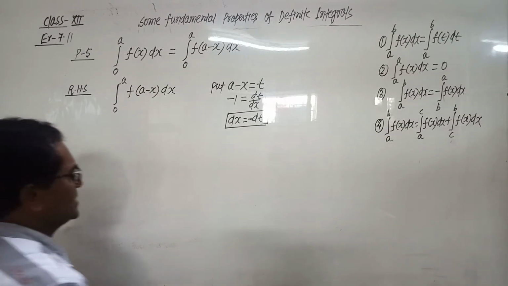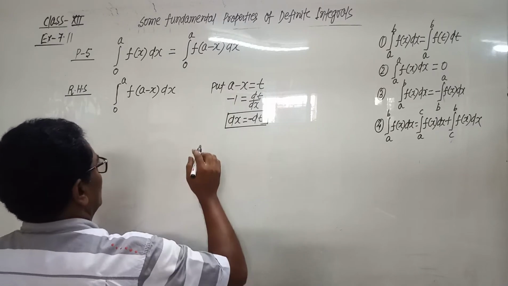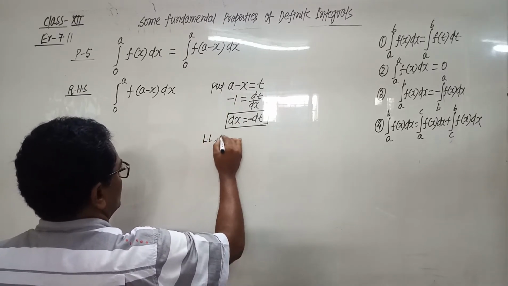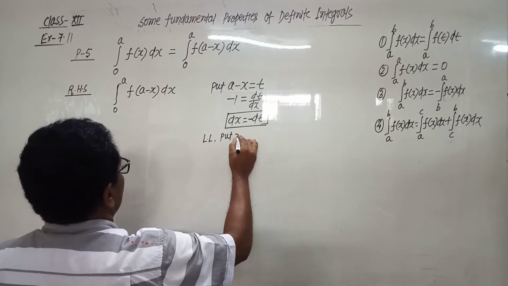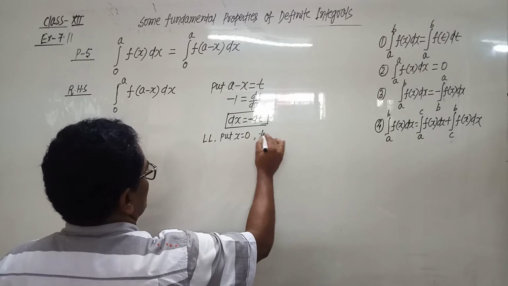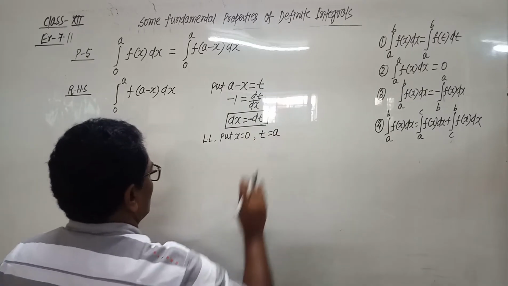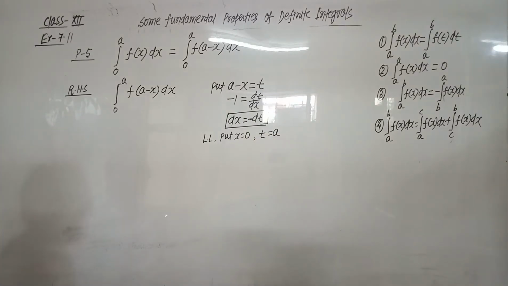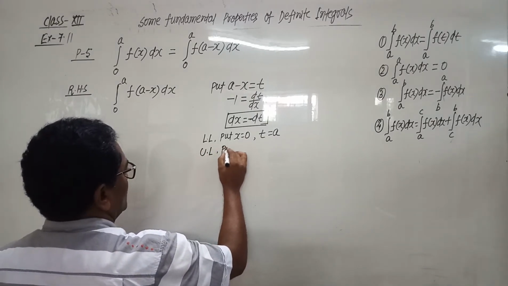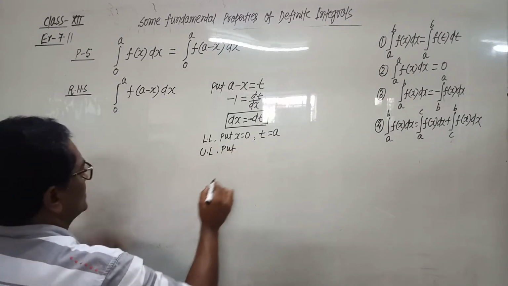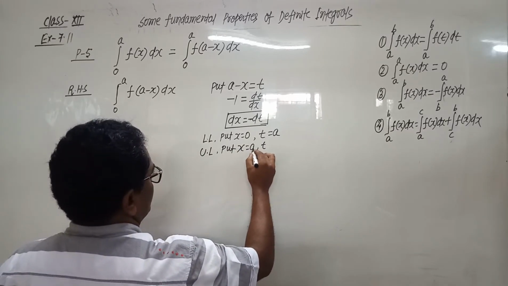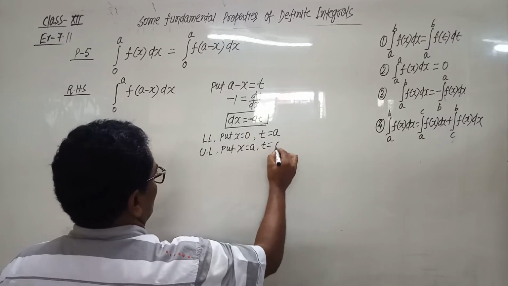Now change the limits. For the lower limit we put x equals 0, so we get t equals a. For the upper limit we put x equals a, so we get t equals 0.